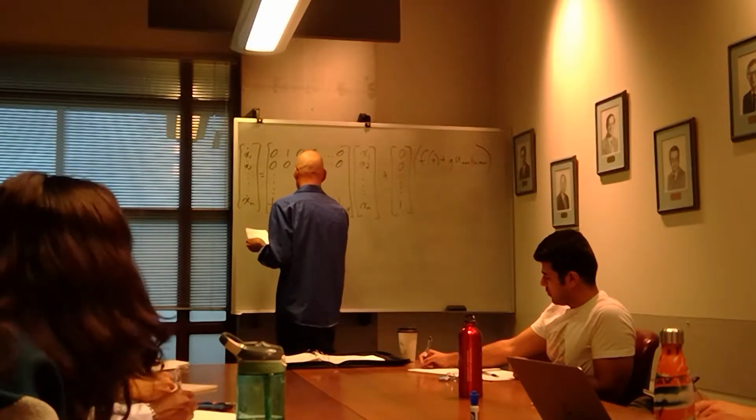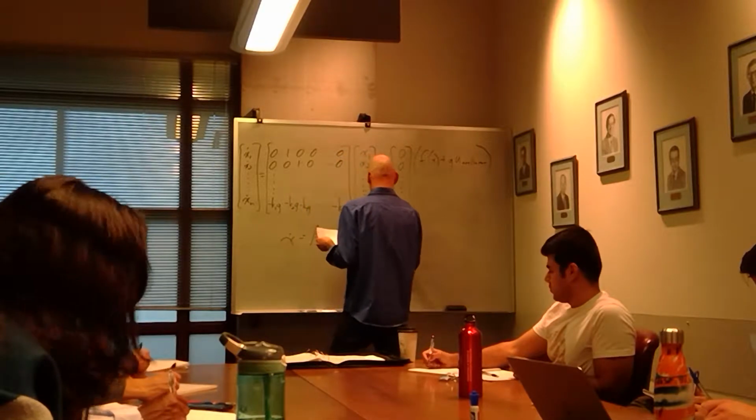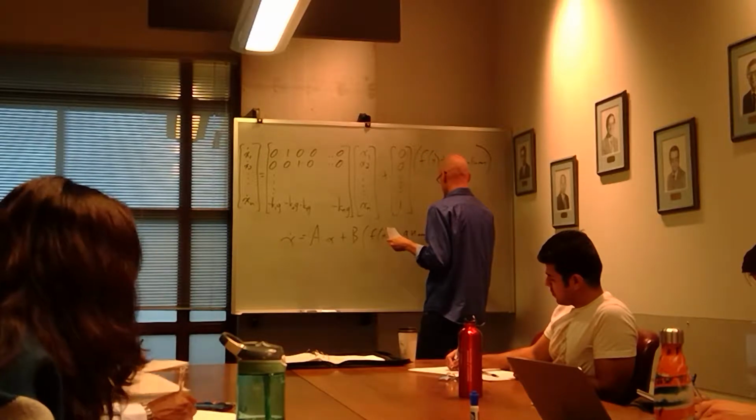So I get x dot equals Ax plus B times f of x plus g u nonlinear.